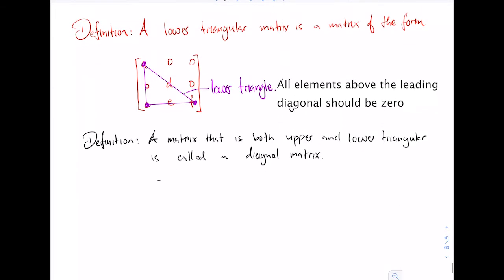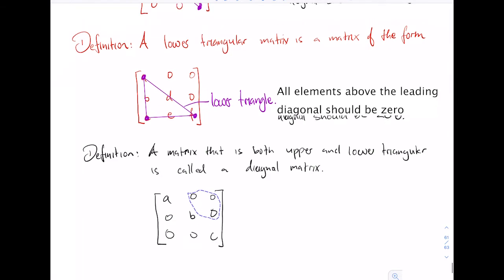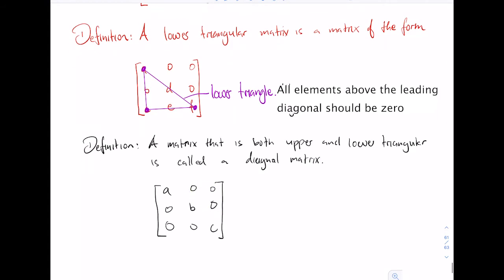Here I'll give you an example, just like before. So here we notice that a diagonal matrix has zeros below the leading diagonal and zeros above, and that is why it is both lower and upper triangular.